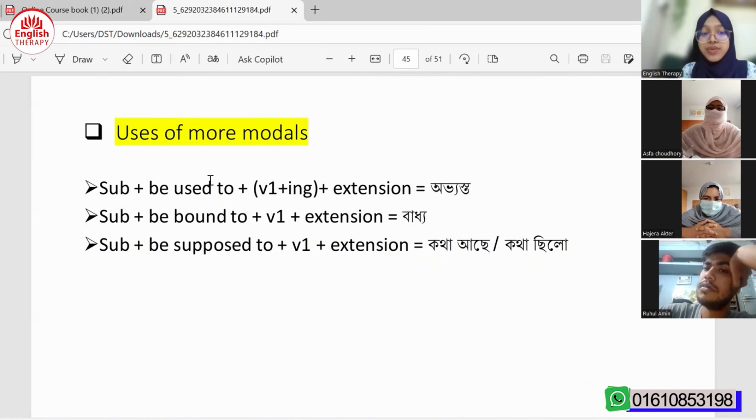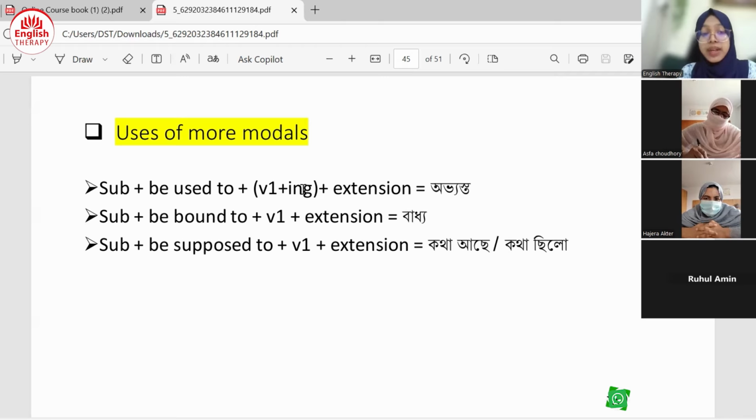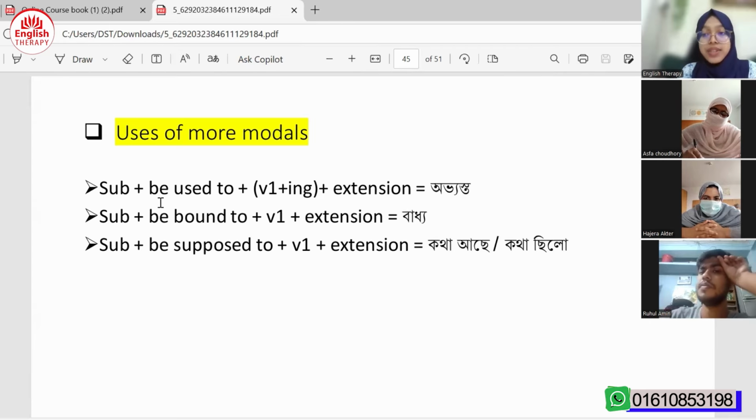After be used to, we have to use verb plus ing. For your betterment, you can memorize it that way. First, we are using be. Instead of be, we can use am, is, are, was, were. If we are using am, is, are, was, were, that means definitely we have to use verb plus ing, right?